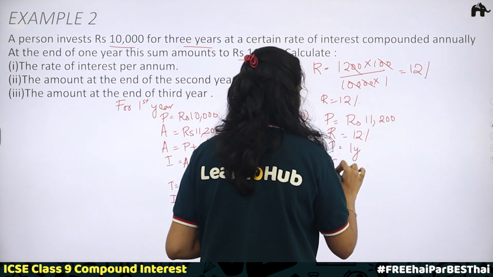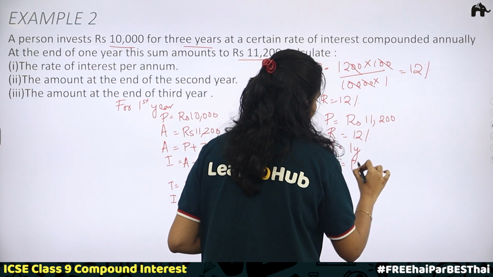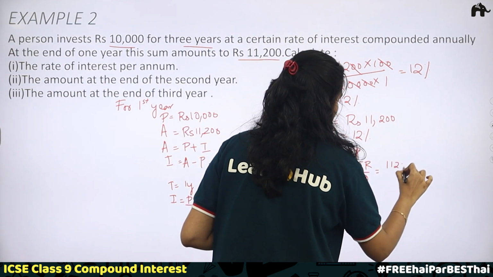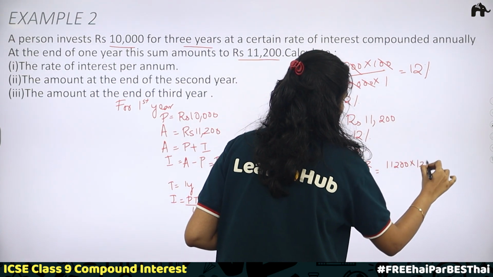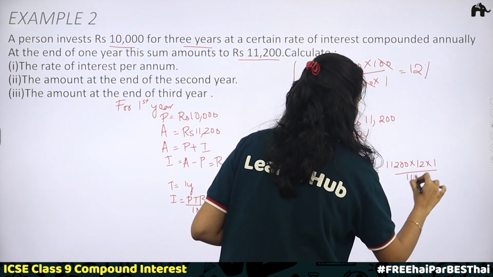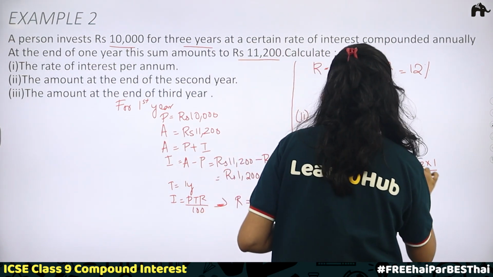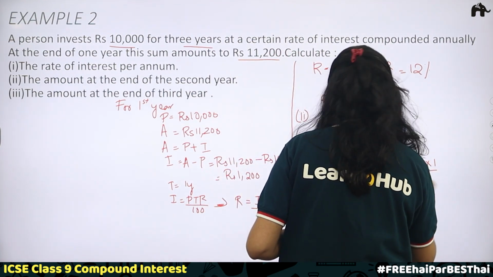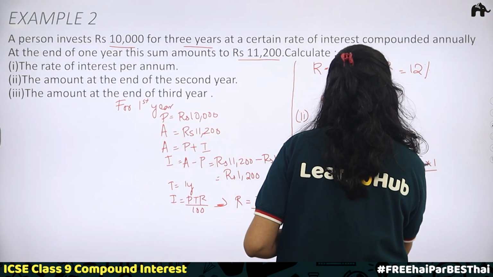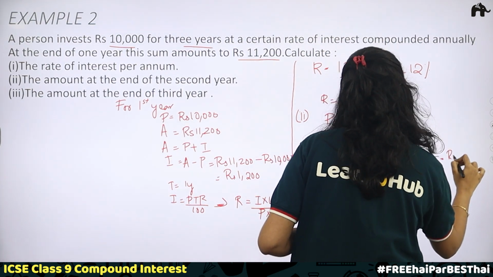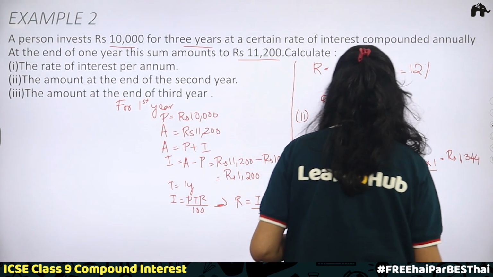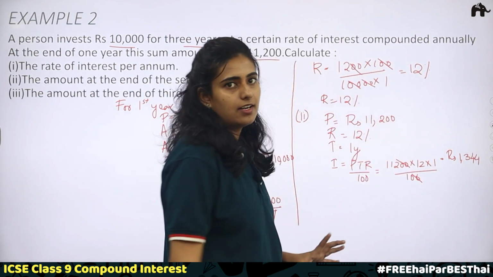Then what is interest? Interest is equal to PTR by 100 again. That is 11,200 into 12 into 1 divided by 100. Cancelling zeros, you will be getting 112 into 12, which is equal to rupees 1,344. So interest is 1,344.